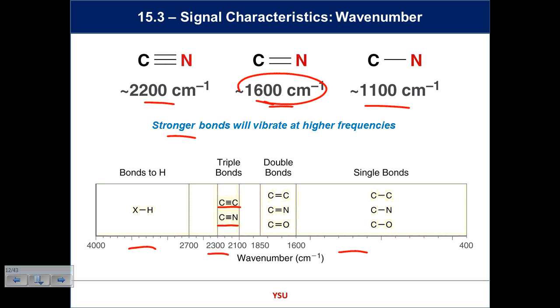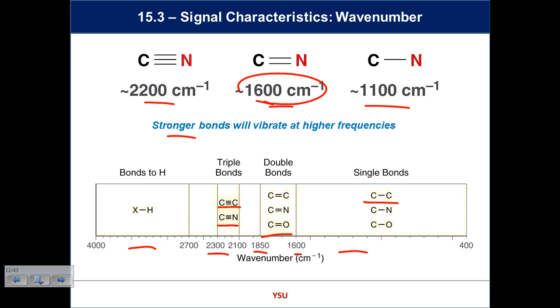C triple bond N, C triple bond C show up around 2100. And that's nice because it's unique and it's set apart from all the others. Carbonyls, C double bond O, C double bond C, you're in this region 1850 down to 1600. And the strength of these signals will be a dead giveaway. If you see a carbonyl, it's a very strong absorbance, and it's always a dead giveaway. If you see an OH, it's always a strong absorbance.